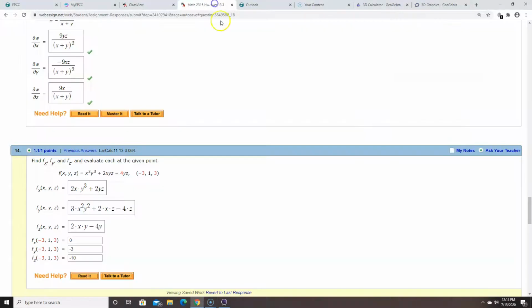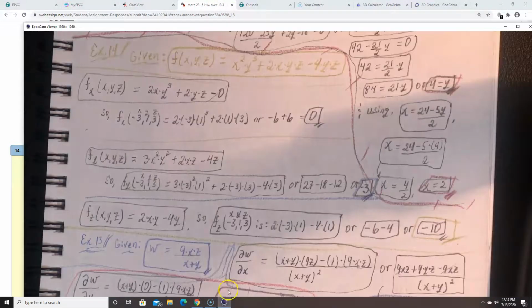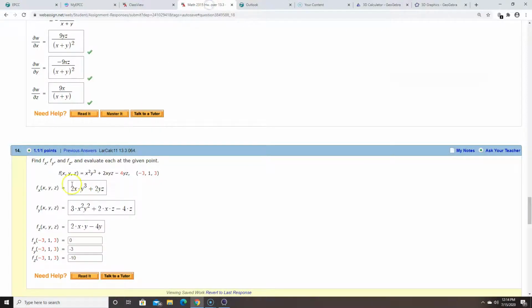And that's this one. So let's check this one. 2xy cubed plus 2yz.